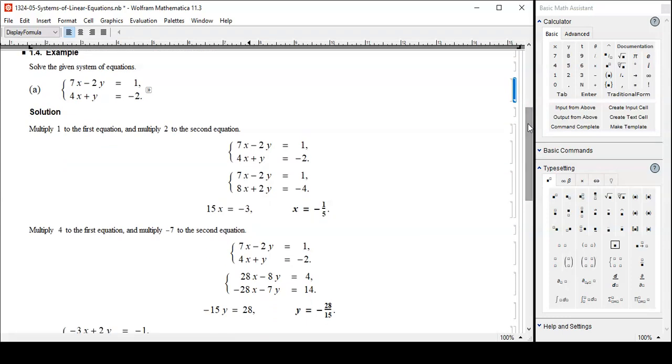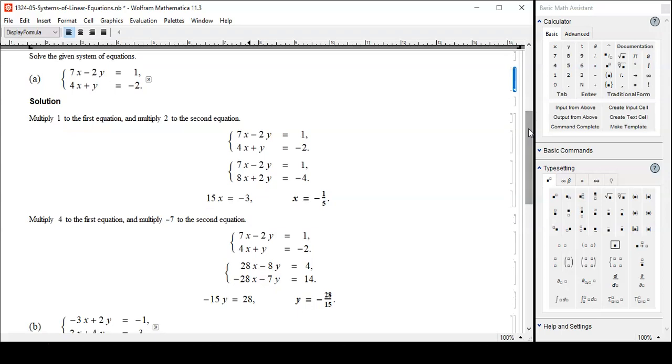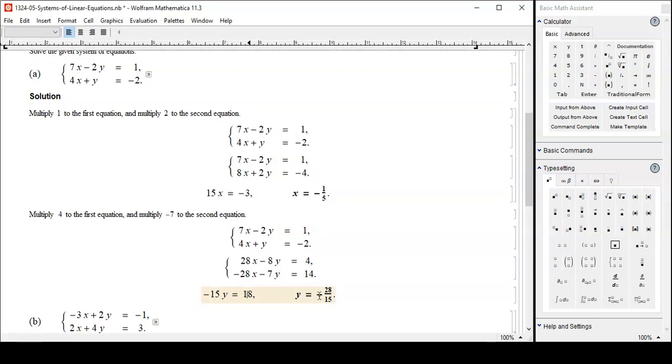Please stop the playback and find out. What did I do wrong? Sorry, it was a trivial mistake. 4 plus 14 is 18, not 28.